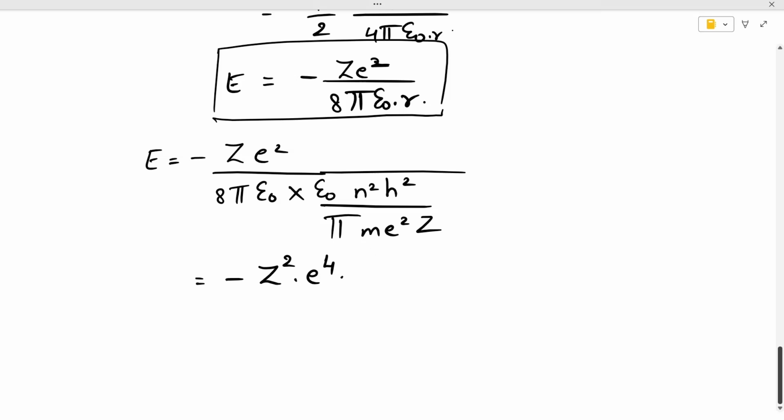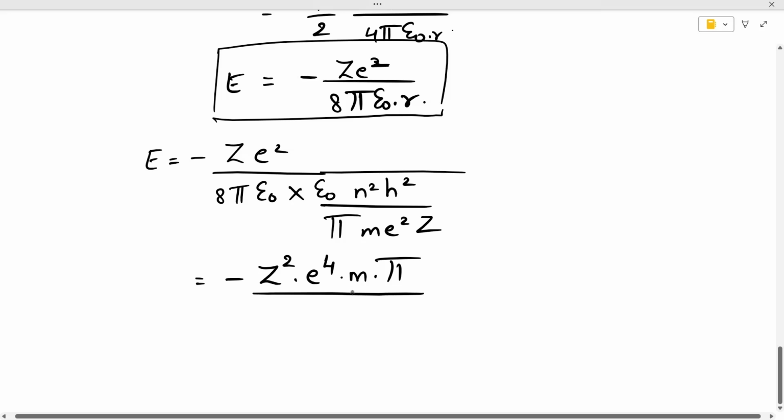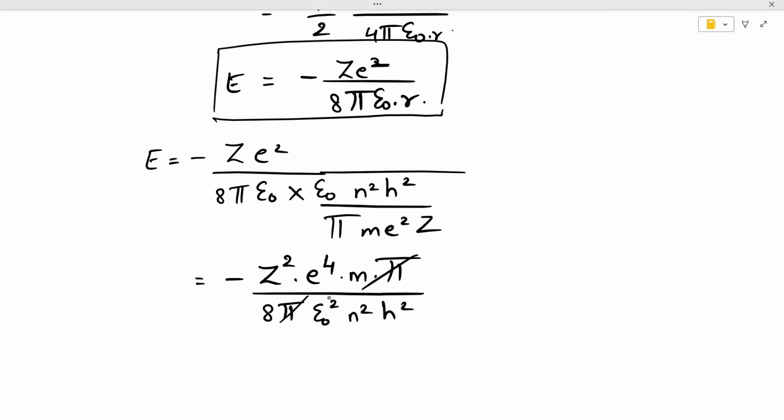Then this m times pi will also go up, and in the denominator we'll have 8 pi epsilon naught into epsilon naught, which will be epsilon naught square n square h square. This pi and this pi will get cancelled.